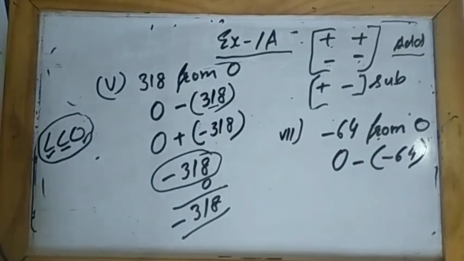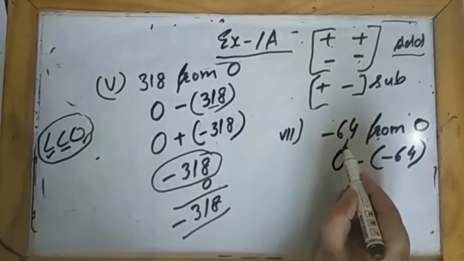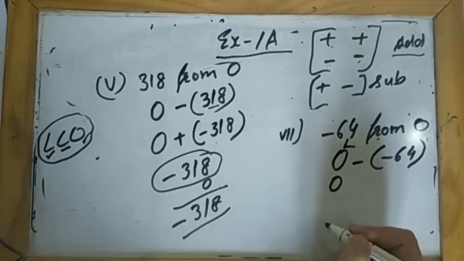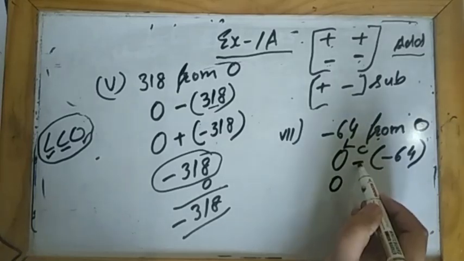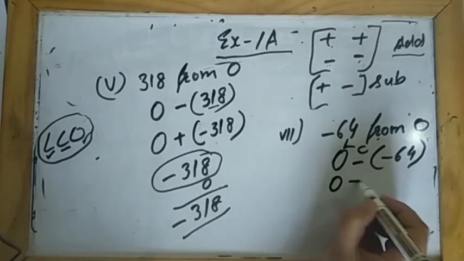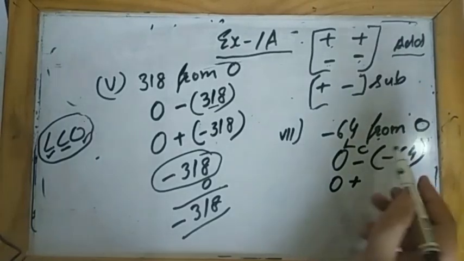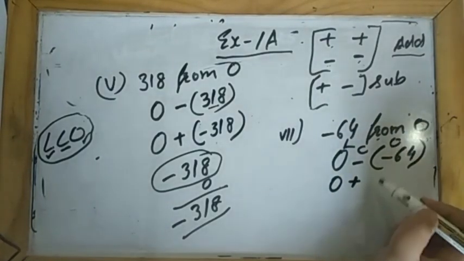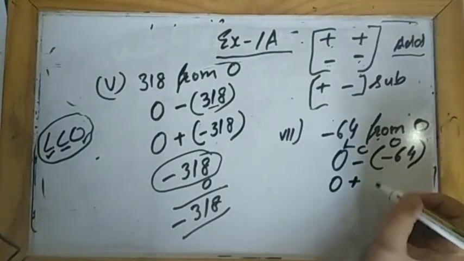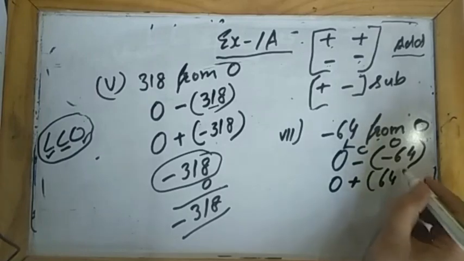So again, this is a sum of subtraction, and I have to keep in mind the rule of LCO. L means leave the first digit as it is, change the sign, the sum of subtraction into a sum of addition, and you have to write the opposite of this number. Opposite of this number will be positive 64.